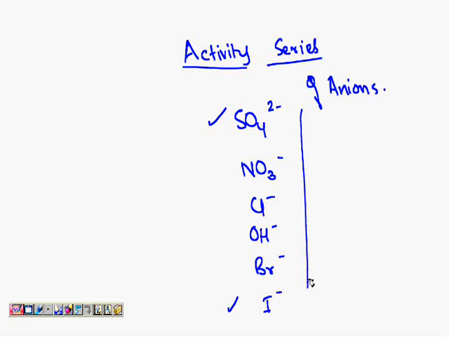As you come down the activity series of anions, the ease of discharge becomes greater. Sulfate ion is very difficult to discharge, and iodide ion is very easy to discharge. So if there is a comparison amongst these ions, whichever is higher will not get discharged, whichever is lower will get discharged.